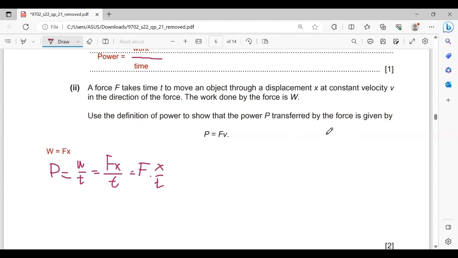So it becomes F times V. So P equals F times V.